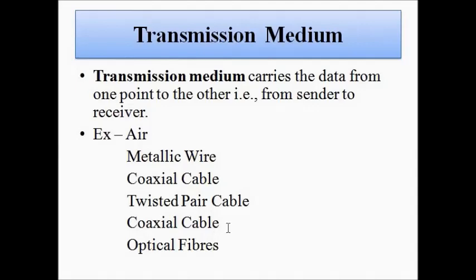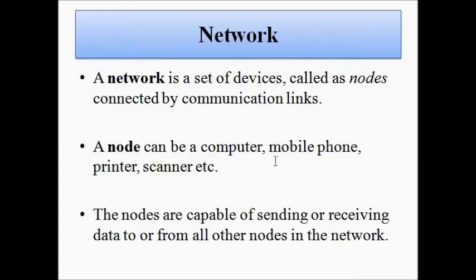These are the various types of transmission medium through which data is transferred from one point to another. We'll discuss them in detail. Here we're just getting a brief introduction to these concepts. Next, the next main part of communication and networking.